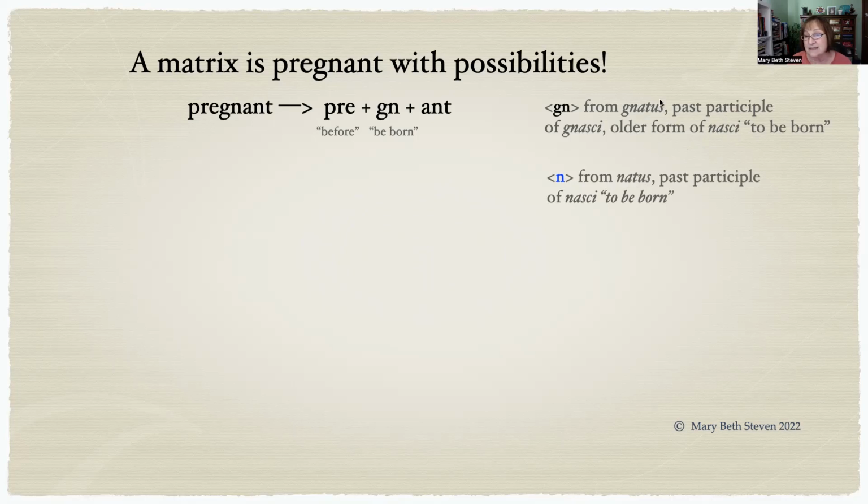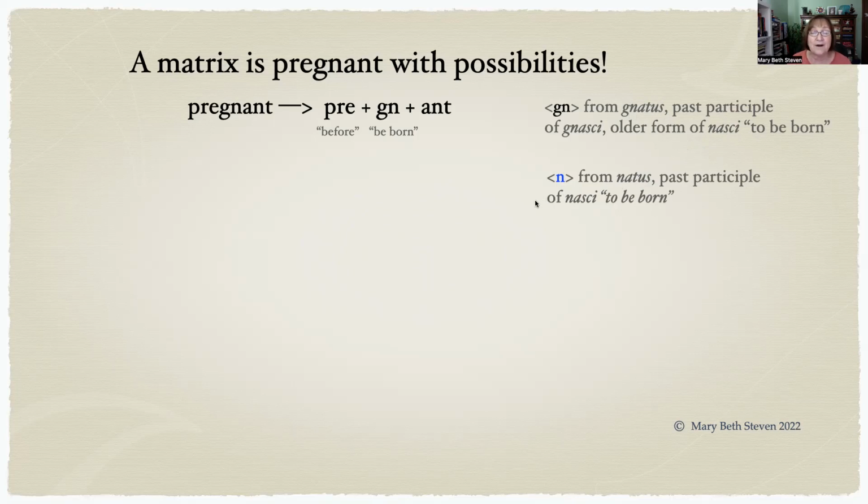And just as I did with this past participle form of this Latin verb, I can remove the US past participle suffix and the AT stem suffix, and I'm left with N as my single letter base. And again, it brings a sense of to be born.